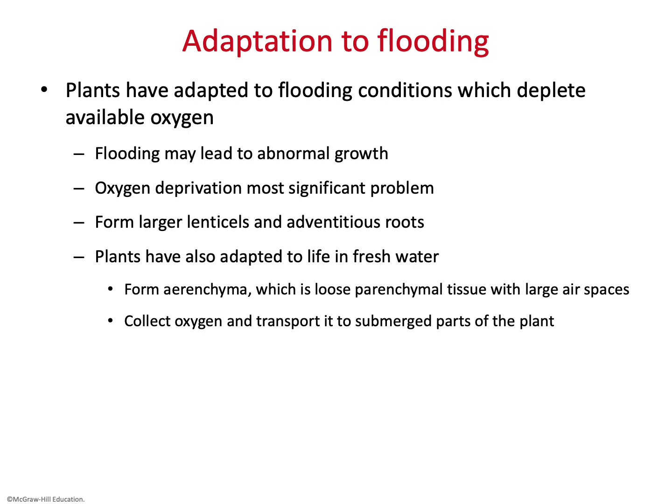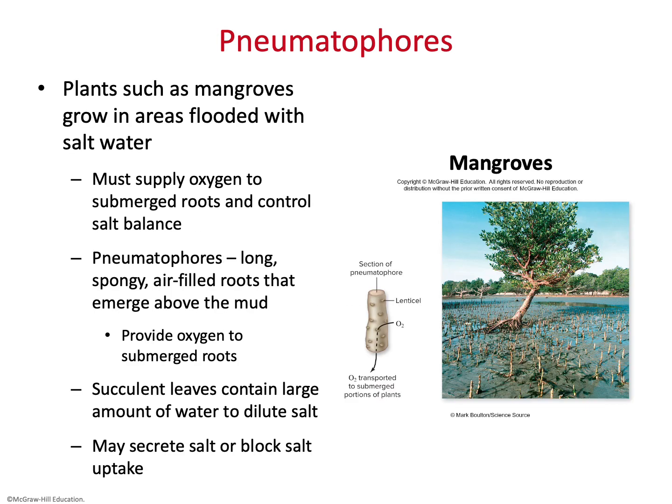Plants have also adapted to life in fresh water by forming parenchyma, which is loose parenchymal tissue with large air spaces, and they collect oxygen and transport it to the submerged part of the plant. Those are some of the adaptations.